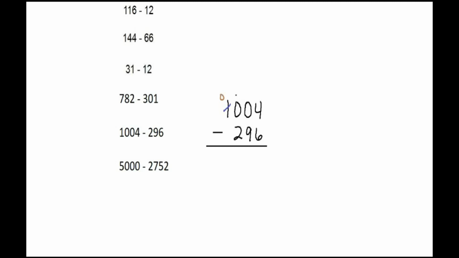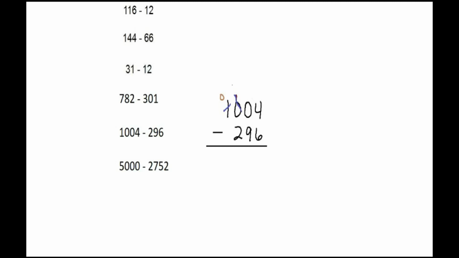And that will now give us 10. Because we now have 10, we can borrow from 10. We're going to cross out 10, and 10 will become 9 because we just borrowed 1.